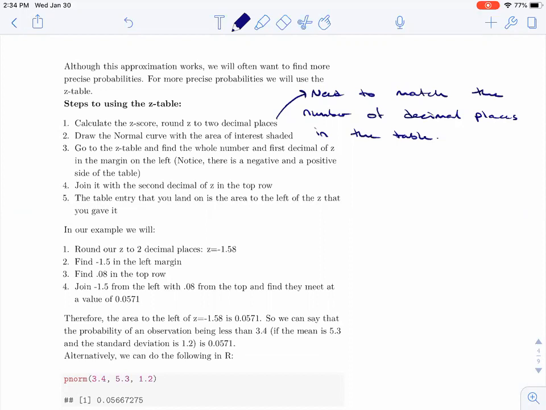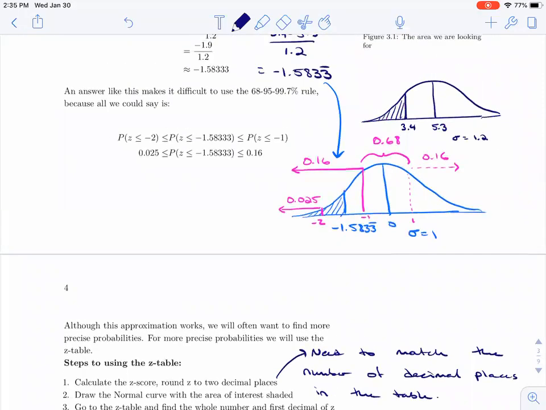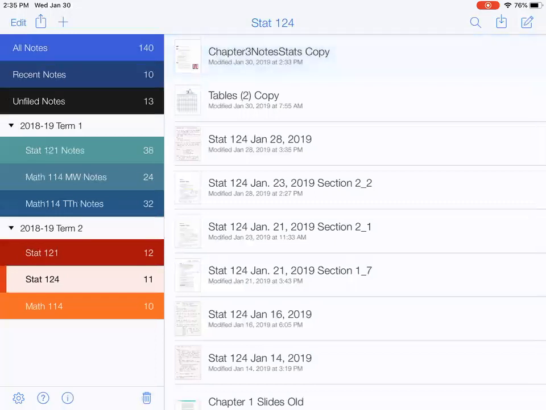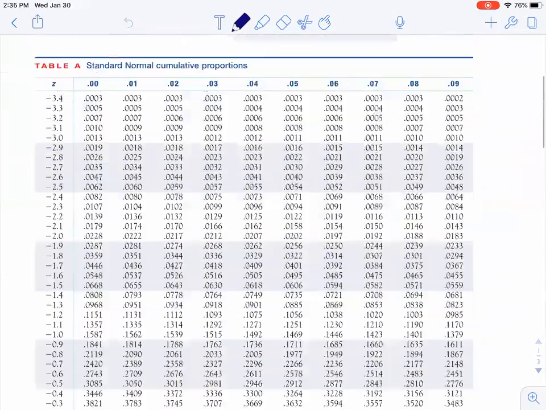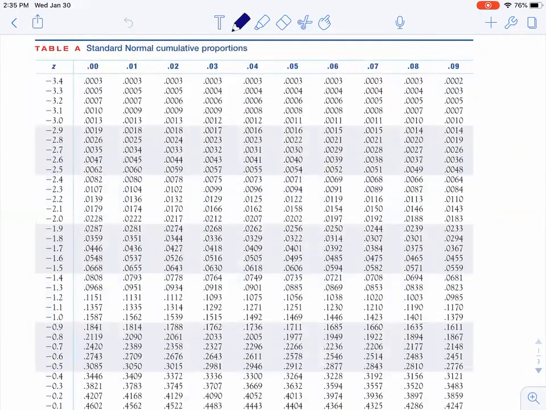In our little example, we had a Z of negative 1.5833 repeating. If we round that to 2 decimal places, we're at negative 1.58. So let's find the area to the left of negative 1.58. Go to your table, and since we've got a negative, go to the negative side. We've got a Z of negative 1.58, so here and over here.